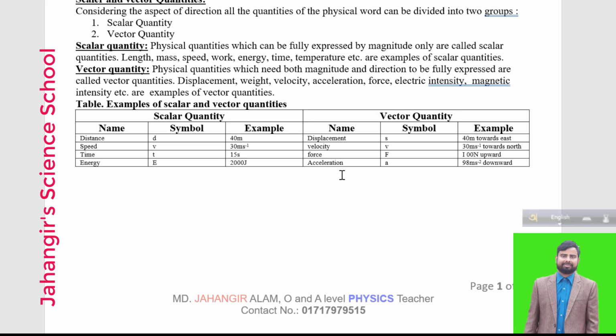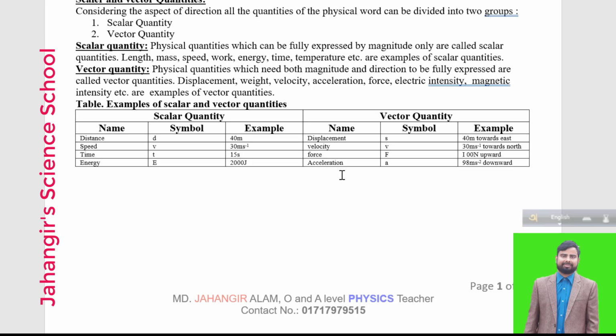The physical quantities which need both magnitude and direction to represent completely are called vector quantities. So remember this one.